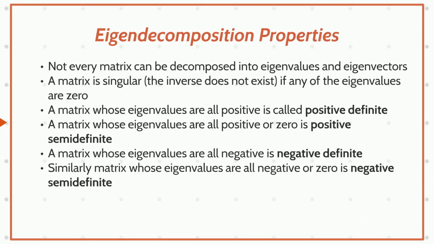All right, so here are some properties on eigendecomposition, and there's a lot on this slide, but really the most important one to pay attention to is the first one, that not every matrix can be decomposed into eigenvalues and eigenvectors. More specifically, you really need the inverse to exist. And if the inverse does not exist, then you're not going to be able to calculate some of these eigenvectors and eigenvalues.